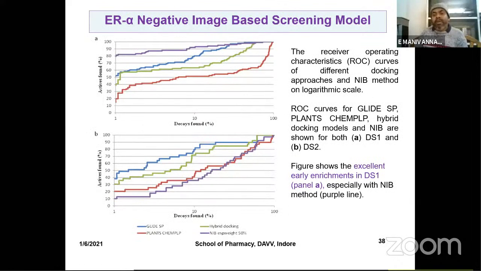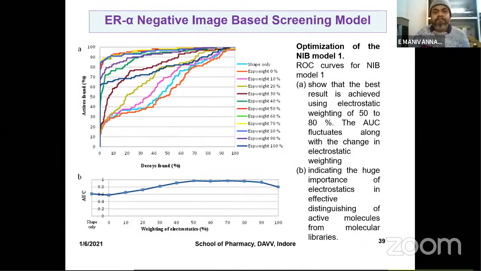Glide is also good, I cannot say that Glide is not, but negative image based screening is better because it is a very quick approach. Screening a large number of chemical libraries is more efficient with negative image based models than with docking. Docking is computationally expensive. It takes a lot of time. This is all for the AUC values.